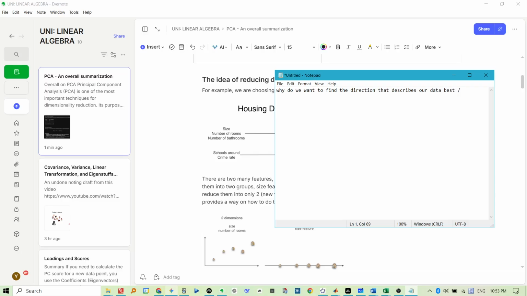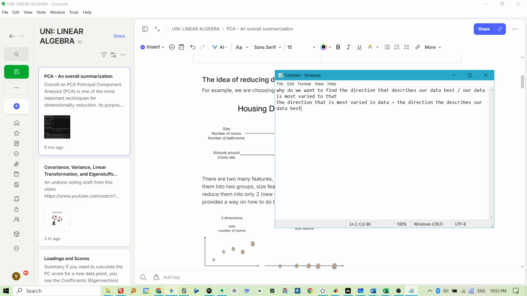The direction that our data is most varied to means that you can also interpret it this way: the direction that is most varied in data equals the direction that describes our data best.